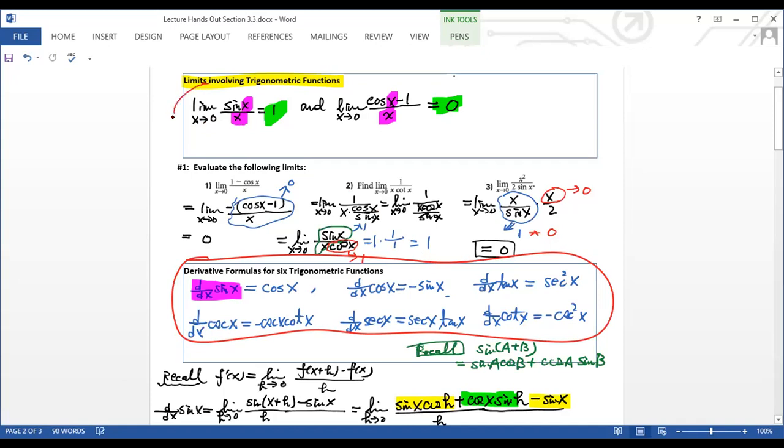Like I said, right now we use it and you take it for granted, and I'm not going to prove it because I'm going to use this result to prove my derivative. That's what we derived in here. So we're not going to do more proofs using the definition anymore. Basically we just say, okay, this is the formula, and you need to remember these 6 trig formulas here.